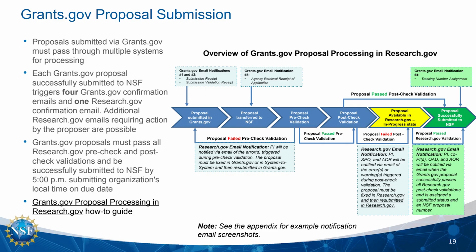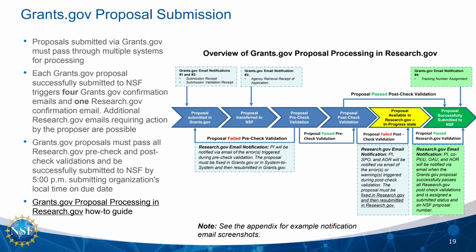It has to go through pre-checks and post-checks. We're checking for a lot of things. Just because Grants.gov accepts that proposal doesn't mean NSF is going to accept that proposal. The biggest mistake I see are people see the Grants.gov success email and they think they're done and they go on with their lives, but they don't realize they have failed maybe a pre-check or a post-check, or something needs to be corrected.